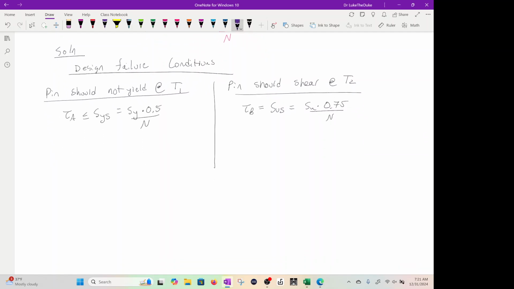Then, based on what we were learning, tau for the pin, so shear stress for the pin, is 4T over D of the shaft times pi D squared, okay.